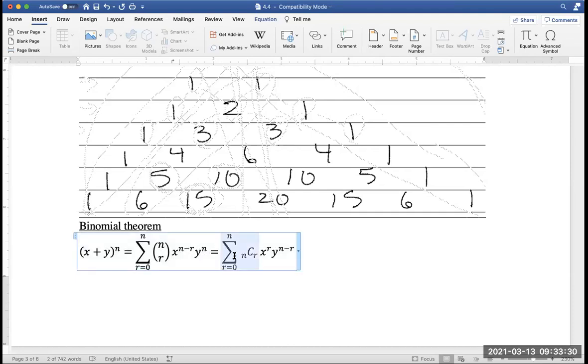Now, in statistics class, notice that Pascal's triangle is symmetric, so it doesn't matter whether you go in descending powers of x or ascending powers of x. By symmetry, it doesn't really matter. So in statistics, we write the binomial theorem in the other direction: the sum from r equals 0 to n of NCR, x to the r, y to the n minus r.